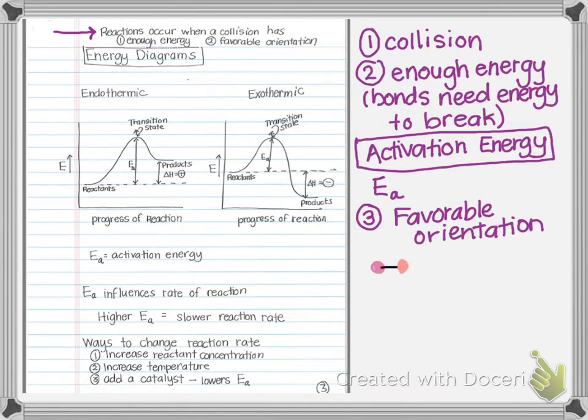There's molecule A, and we want molecule A to react with molecule B. There's a green atom and a blue one, and this is molecule B. Let's say we react molecule A with molecule B, and our new substance is going to have the pink one with the blue one.